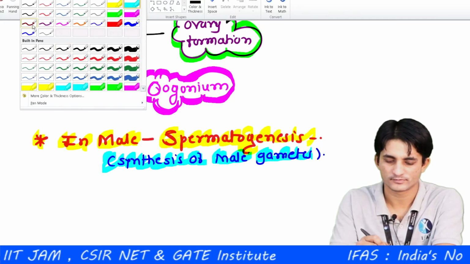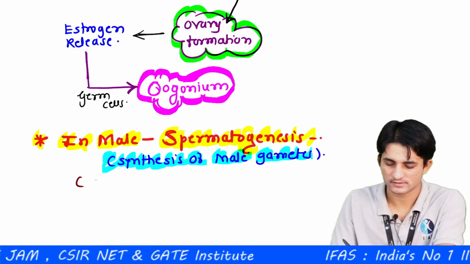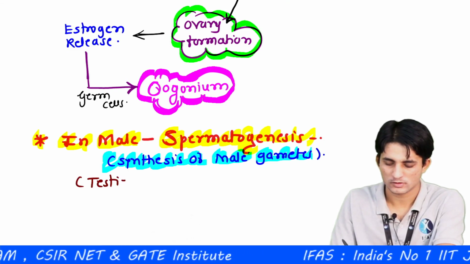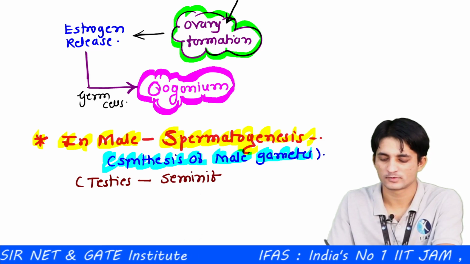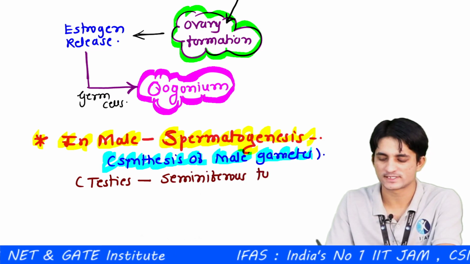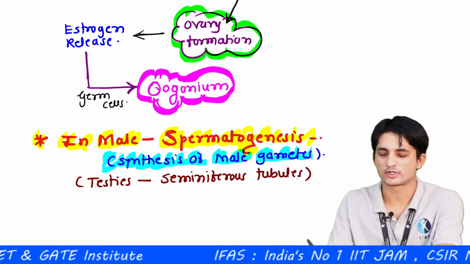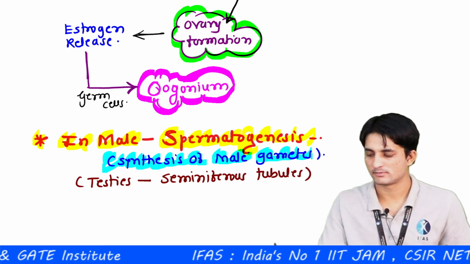So in the testis, in the seminiferous tubules, there is production of the male gametes.